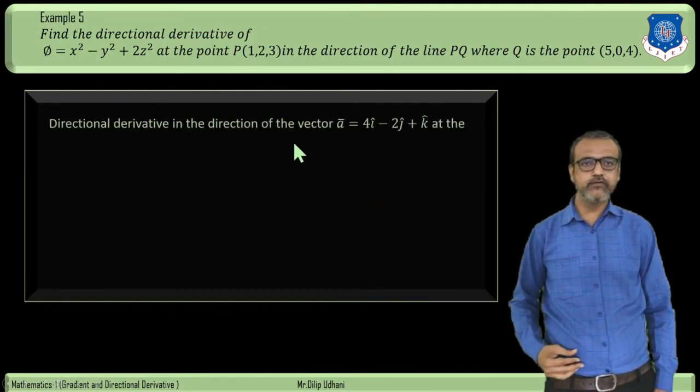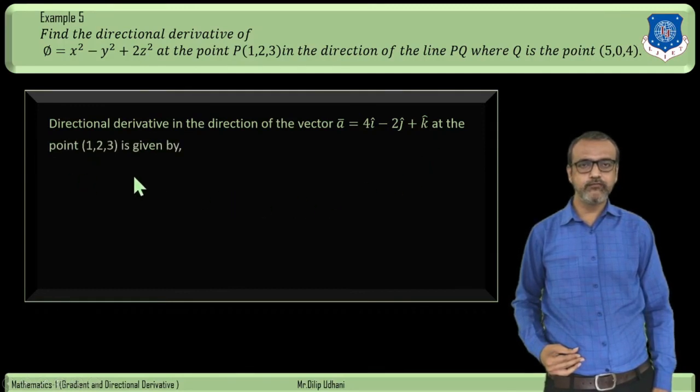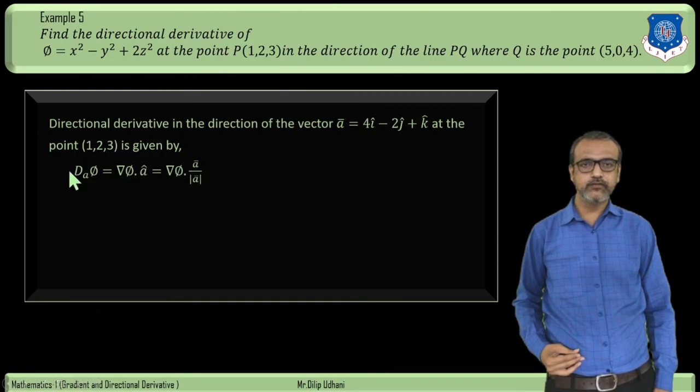Now directional derivative in the direction of the vector a bar, that is 4i minus 2j plus k cap, at the point 1, 2, 3 is given by the directional derivative of surface phi at the point, that is equals to nabla phi dot a cap, where a cap is a unit vector. So nabla phi will be as it is, dot, and a cap is vector A divided by its magnitude.